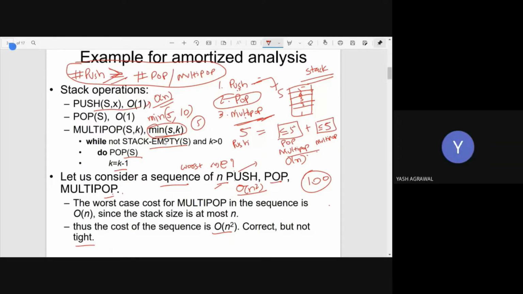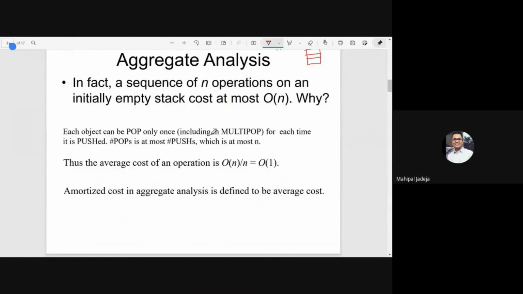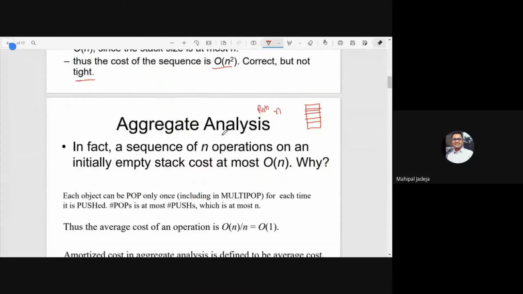Yes, sir. So with respect to the push operation, we are clear that it will take order of n time. That is for sure. But we know that each element can be popped only once. Whether you are using the simple pop operation or multi-pop operation, it doesn't make any difference, because if an element is there, let's say 10, you can remove it exactly once.